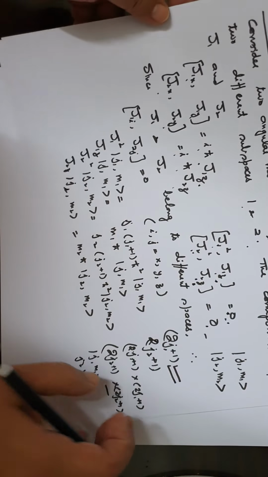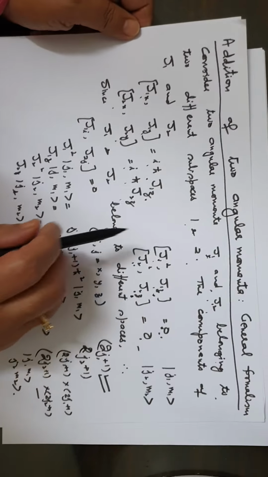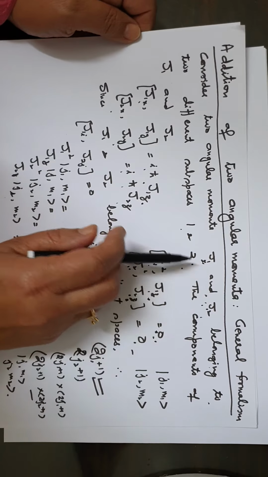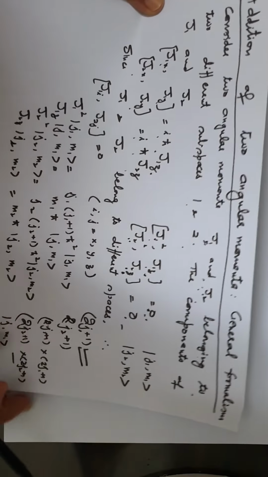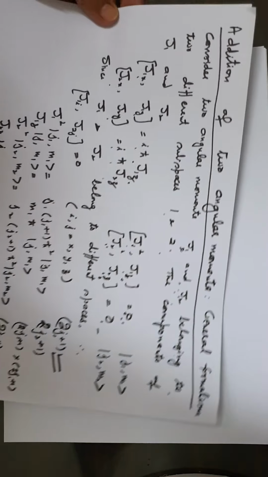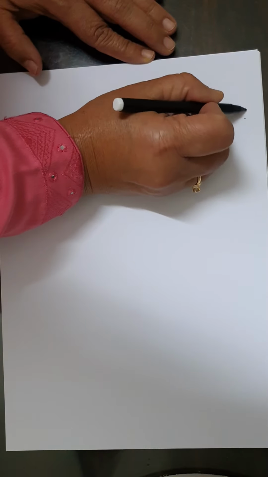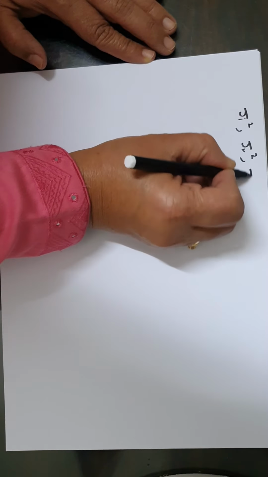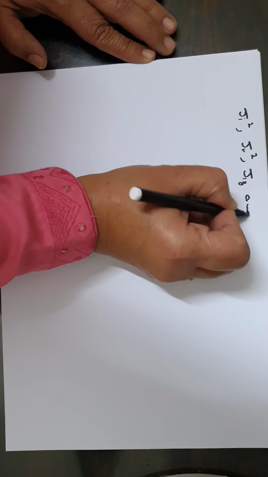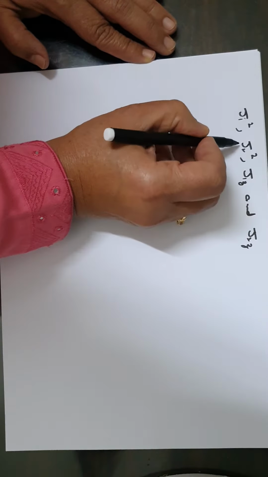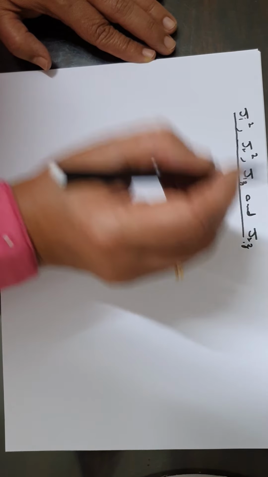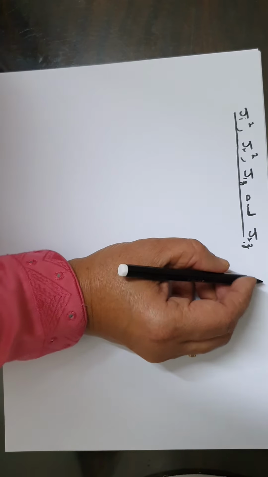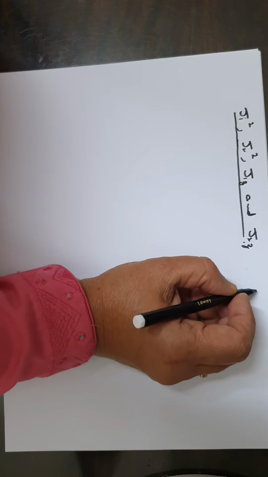Now let's consider the two particles together. Once we consider the two particles together, the four operators J1², J2², J1z and J2z form a complete set of commuting operators.